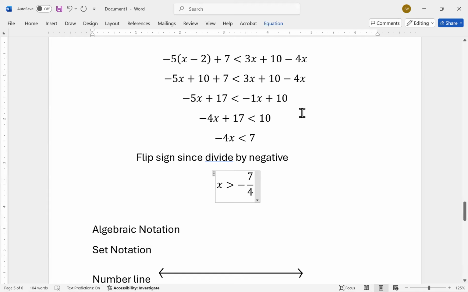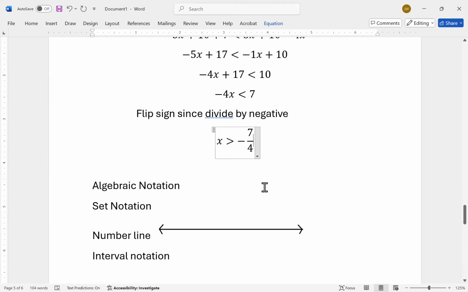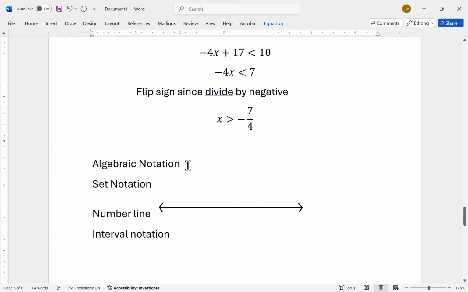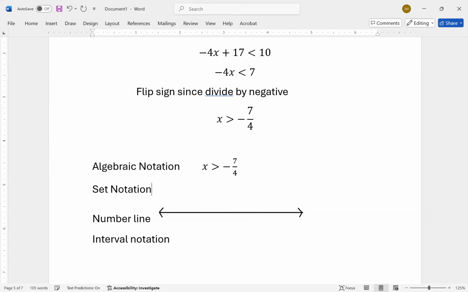However you'd like to rewrite that is perfectly fine for right now. The algebraic notation is exactly that. It's x is greater than -7/4, or if you'd rather use decimals, greater than -1.75. The set notation is the set of x's such that this algebraic property holds, x greater than -7/4.